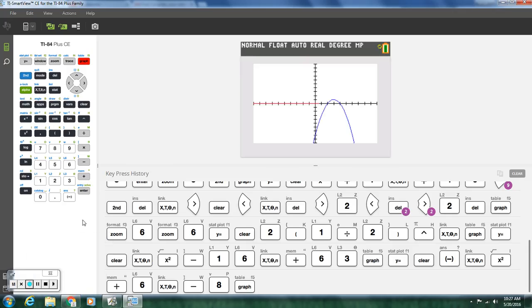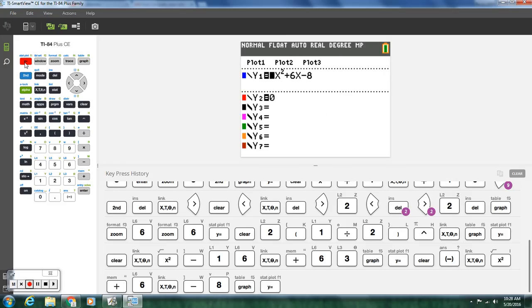Graph it. That's what mine look like. Look at what you got. That's what the one I got look like. So graph it. You want to see what I put in? Okay. So you graph it.